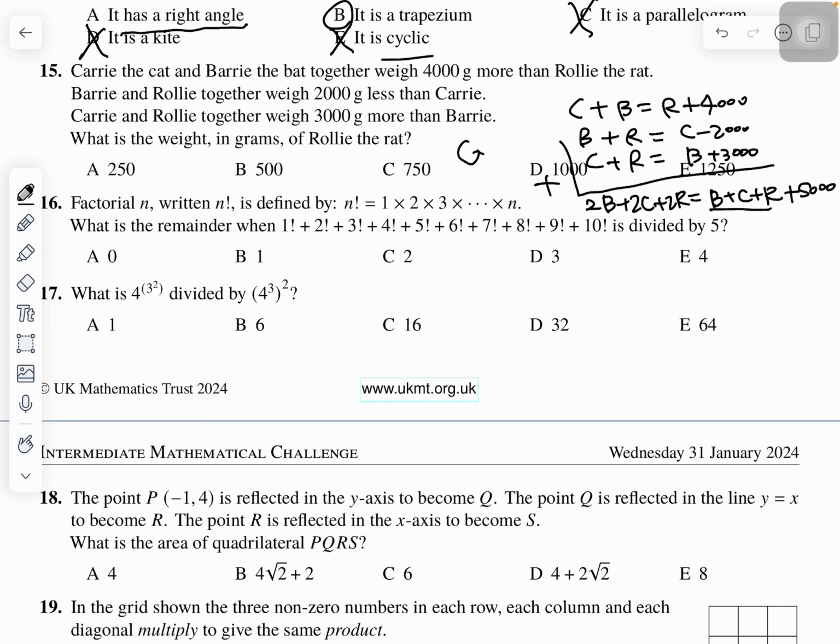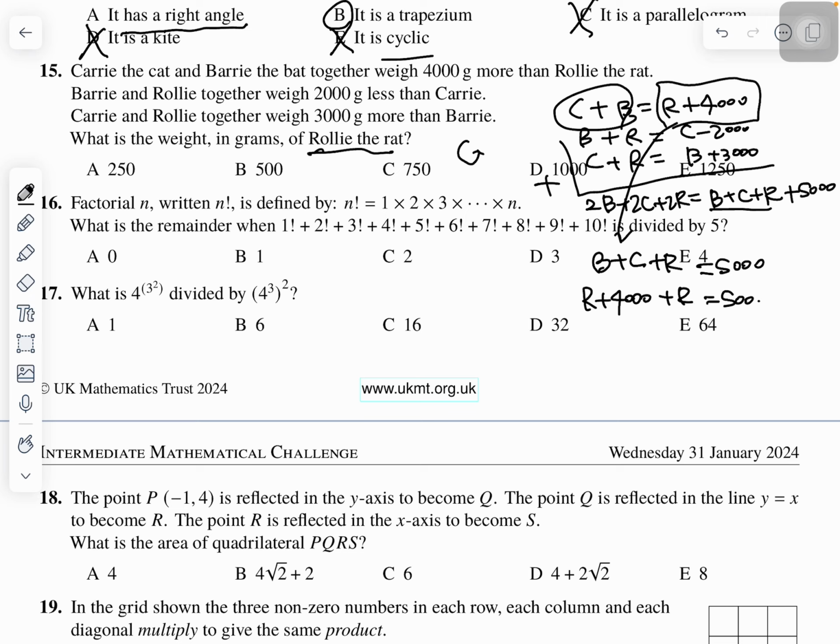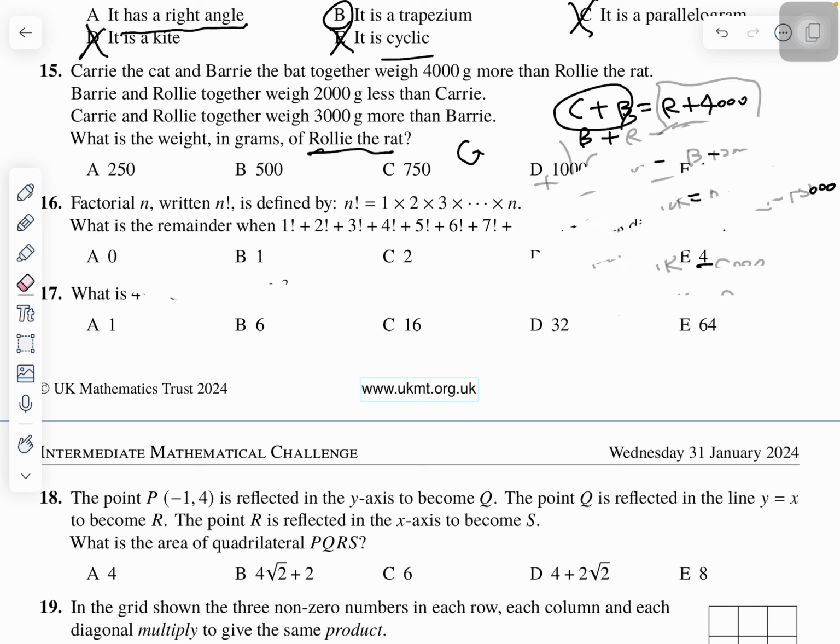So the question is about Rolly. But here, C plus B is R plus 4,000. So we can put it here: R plus 4,000 plus R makes it 5,000. So you can find Rolly's weight. And let's go for the next one.